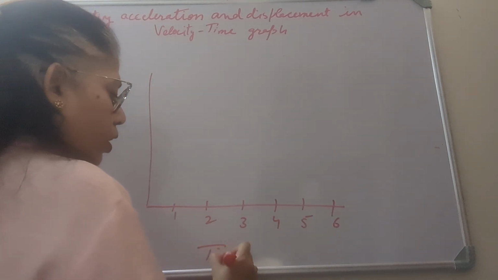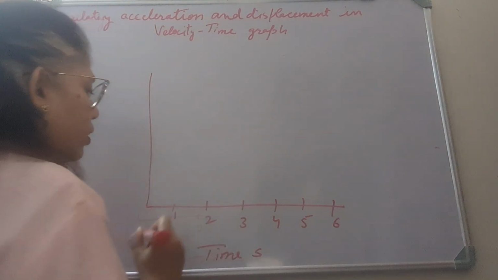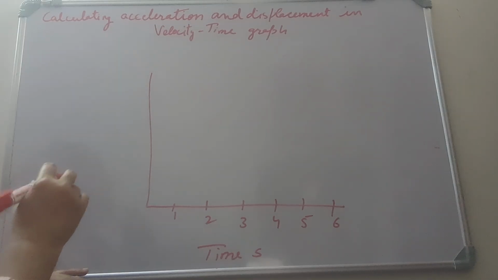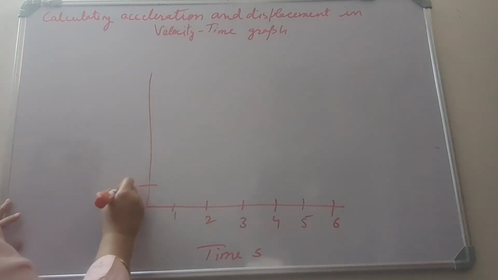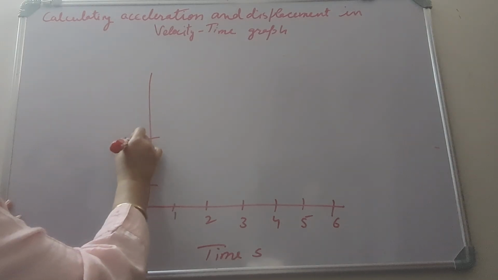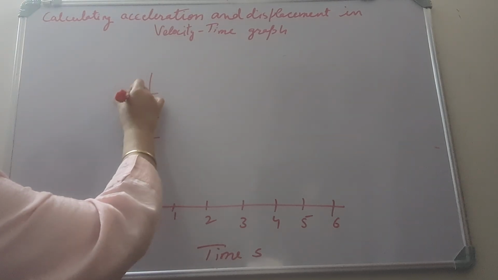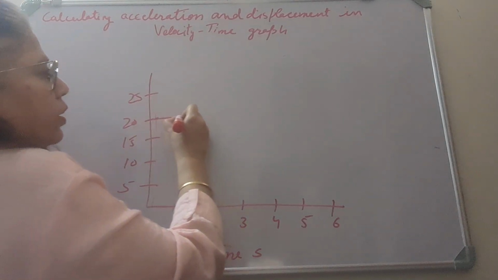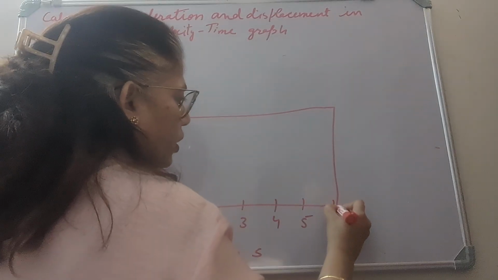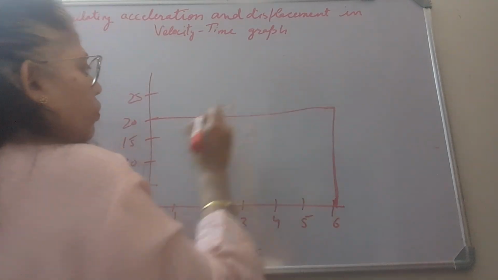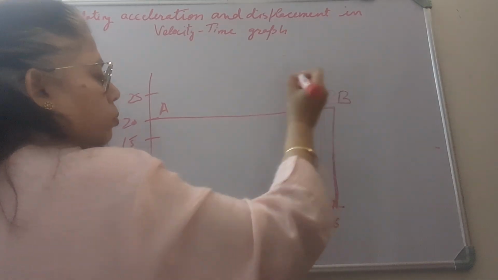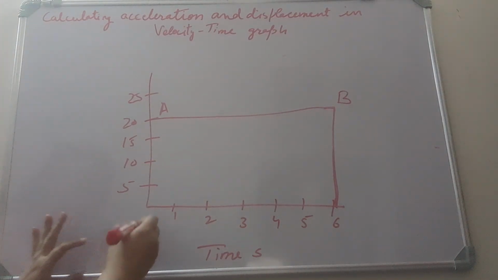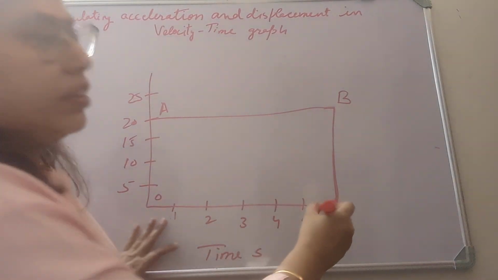Time is always on the x-axis. 5, 10, 15, 20, 25. The object is moving and it reaches 6. So this is position A, this is position B, this is O and this is C.